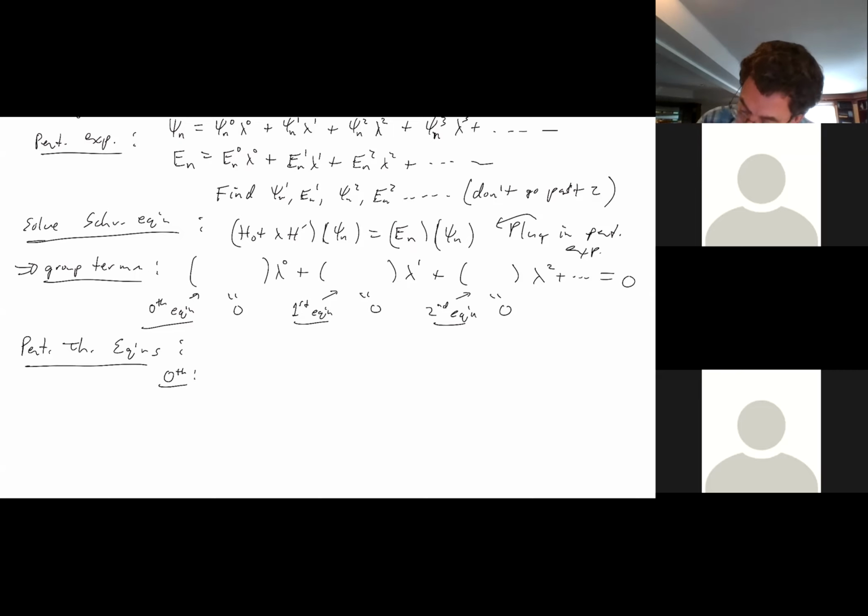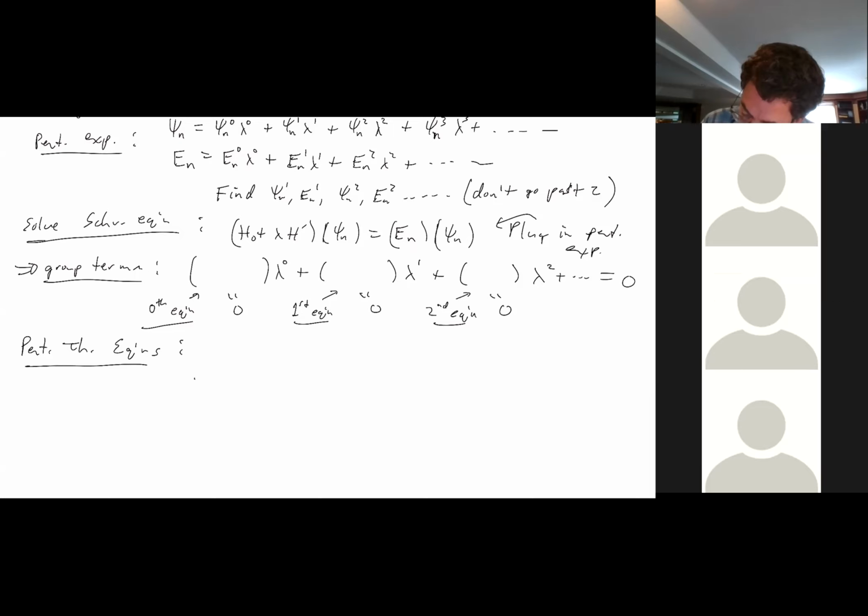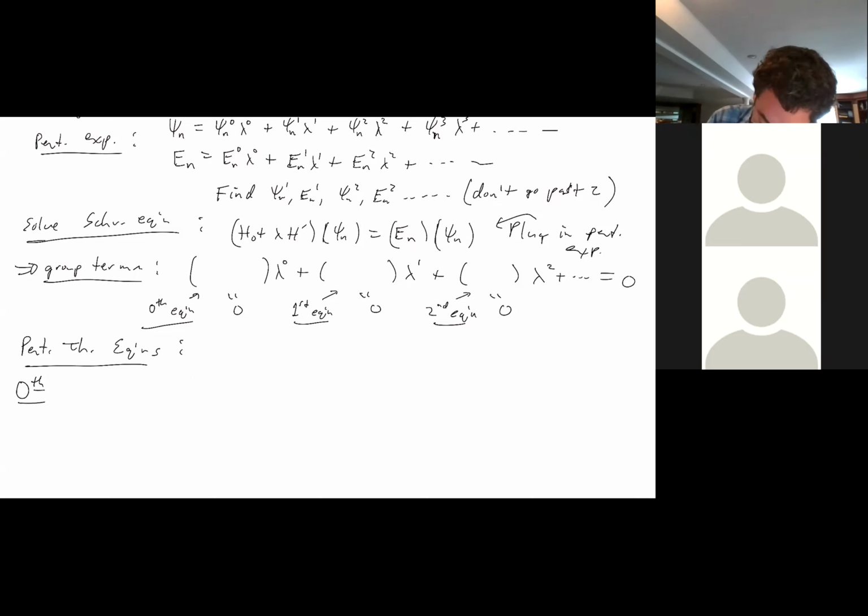I'm going to put them to the left and use that space. H naught psi n naught equals E n naught psi n naught. You've seen that before, so that makes sense.